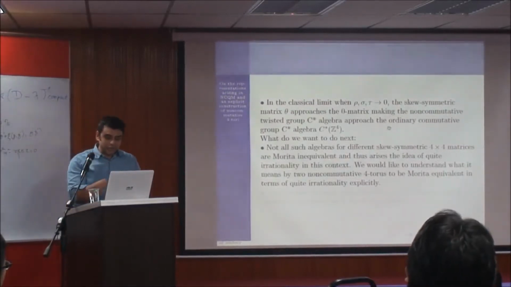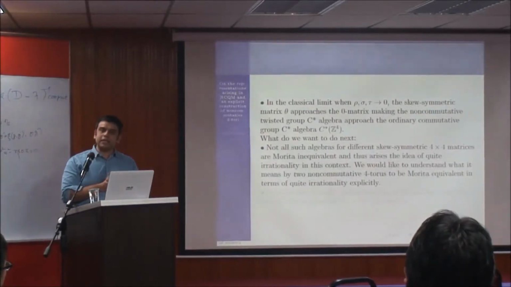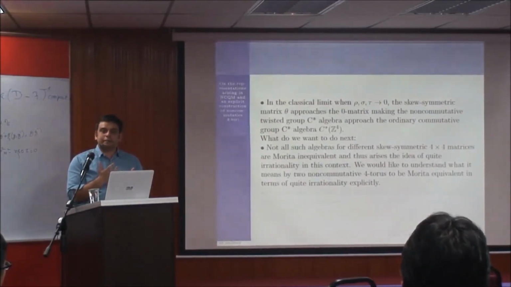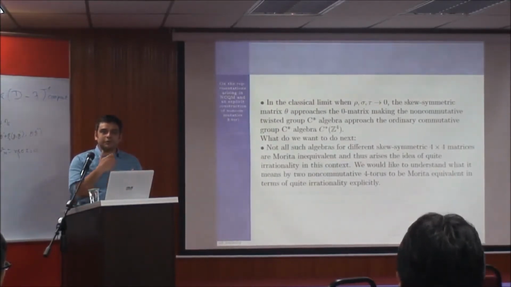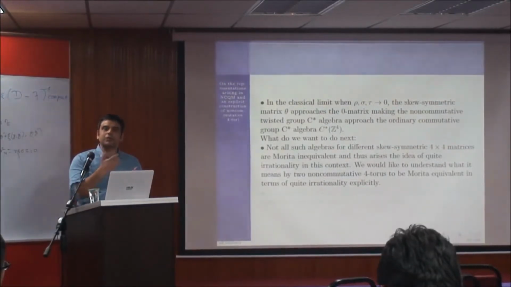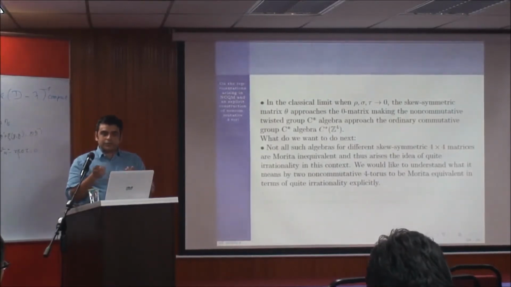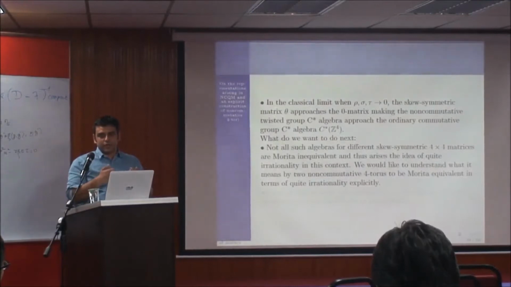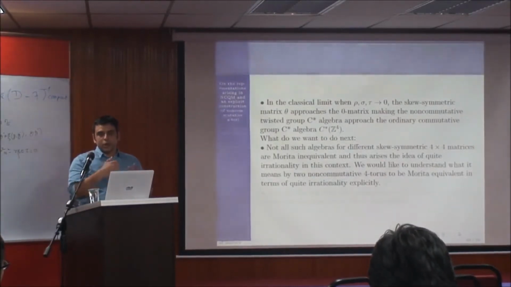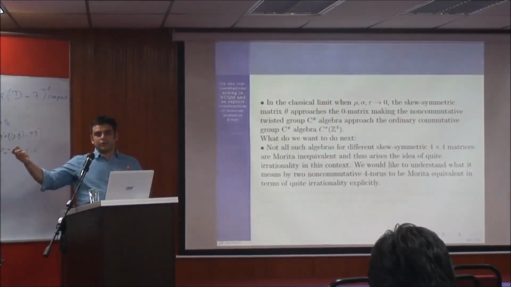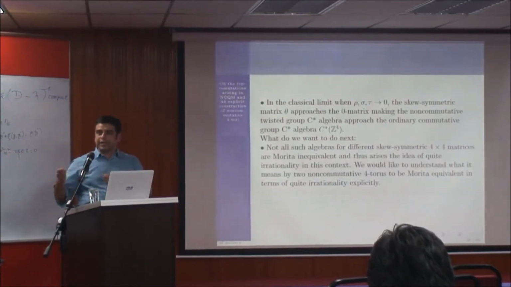Which means that you study the equivalence of these C-star algebras by means of the equivalence of the modules, okay? The category of modules. If you have two algebras, and the category of left modules of A is equivalent to the category of left modules over B, then you say that they are Morita equivalent.